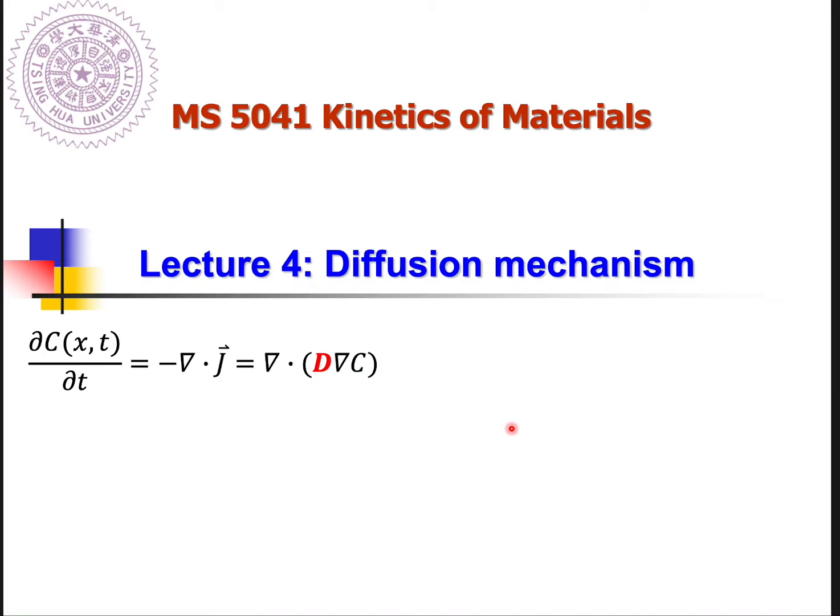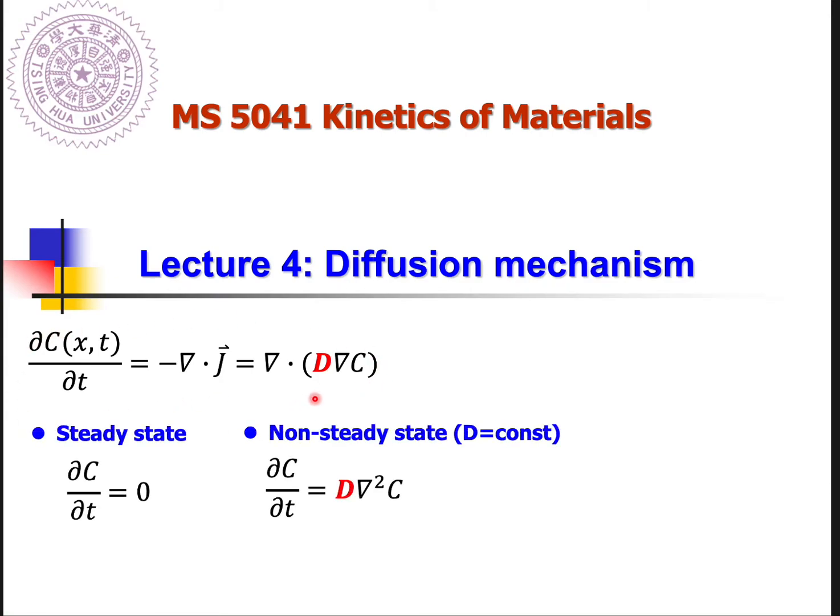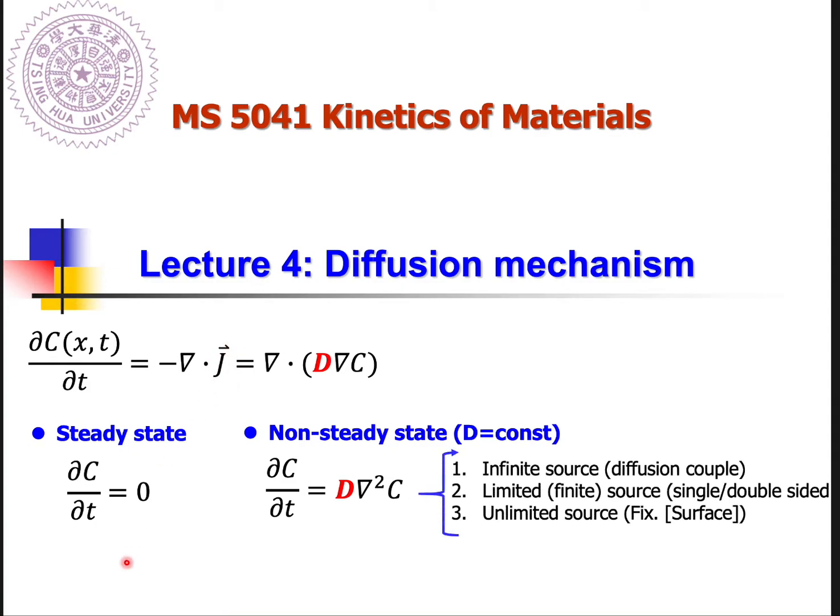In macro scale, you use the diffusion equation, and as long as you can formulate the flux, you can easily get the concentration profile of diffusing atoms as a function of location and time.